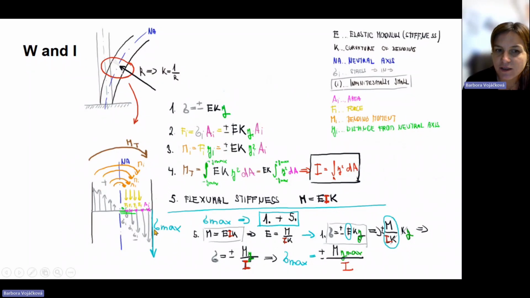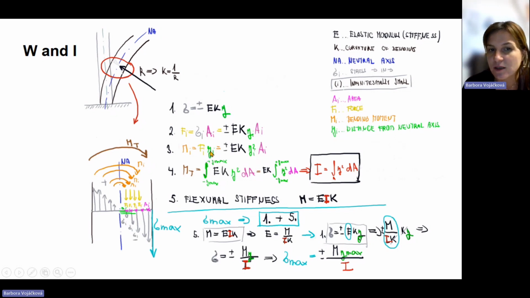In the cross section, there are lots of these bending moments acting, and the bending moment increases with the arm in the cross section. We calculate this small bending moment as the force multiplied by the arm, so we multiply the force by the distance from the neutral axis again.